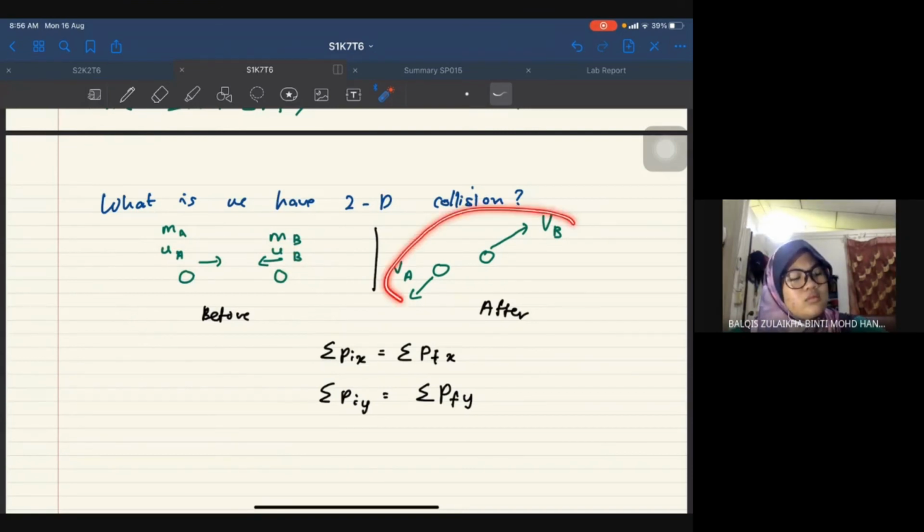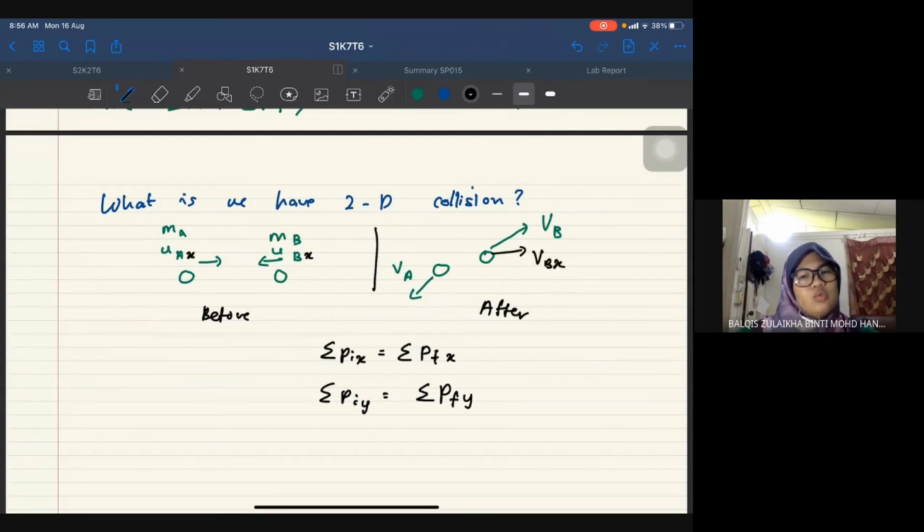Tapi dekat sini kamu ada Y component. So actually you have to add a little bit more dekat subscript dia. UAX, UBX, okay, and then VBX, and then VBY. Okay, this would be VAY. Then you will have VAX.